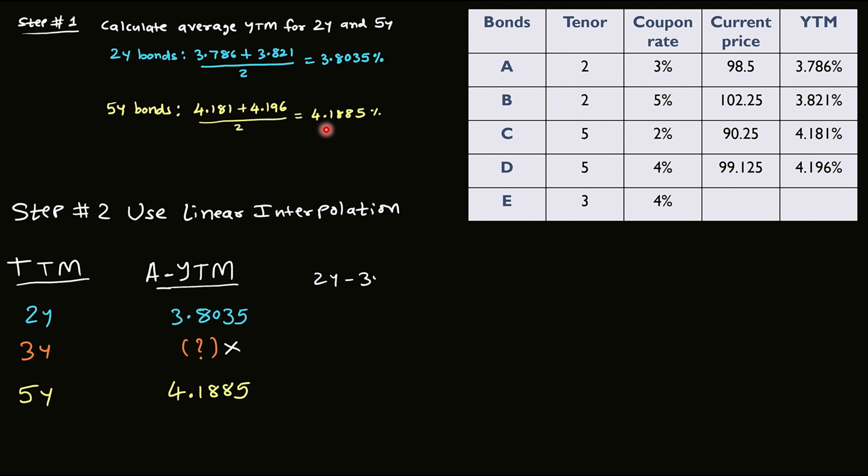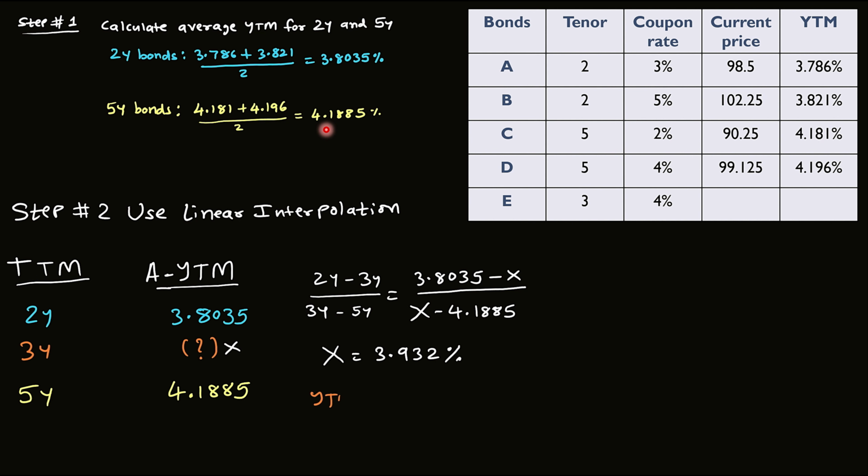Then we have (2y minus 3y) over (3y minus 5y) equals (3.8035 minus x) over (x minus 4.1885). So that's going to give x as 3.932%. So there we have it. That's the yield to maturity we were looking for, and as we said, it has to be between the 2-year and the 5-year. So it's 3.932 to be exact.